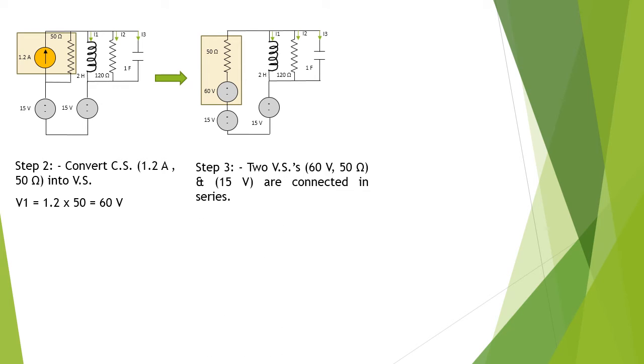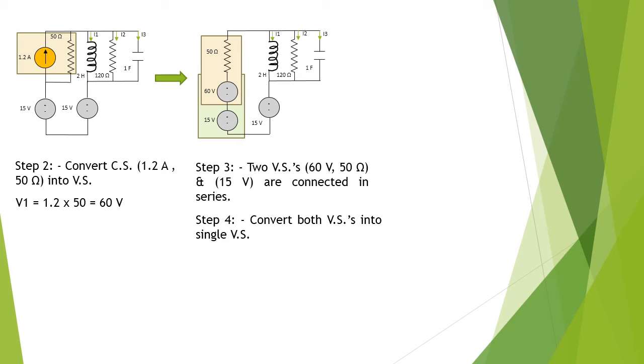Now what do we have to do? Apply step number 3. Check the circuit. Here there are two voltage sources: 60 volt with 50 ohm, a practical voltage source, and another ideal voltage source of 15 volt, connected in series. Whenever we have a series connection, apply step number 4: convert both voltage sources into a single voltage source.